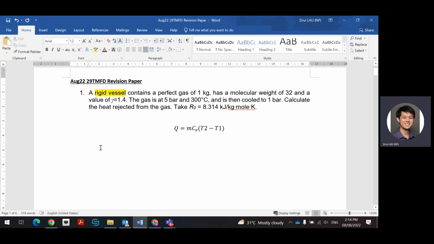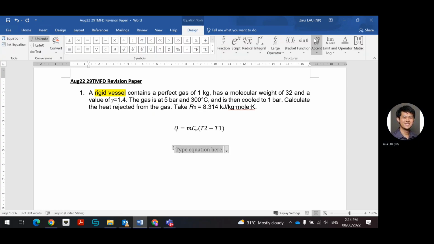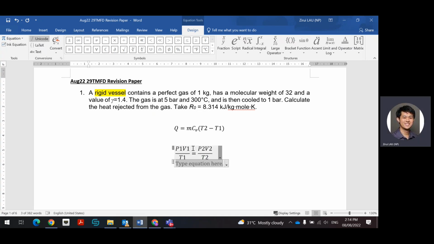So how can we find out the final temperature? We will use our perfect gas ratio, which is P1 V1 over T1 equals P2 V2 over T2. So this is the equation that we're going to use. P1 is 5.